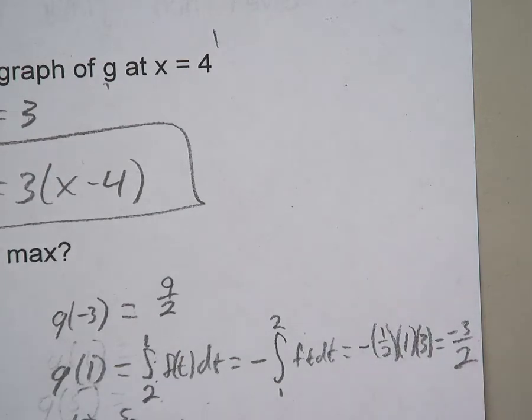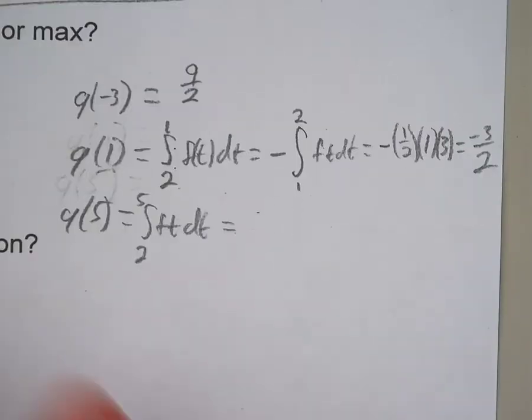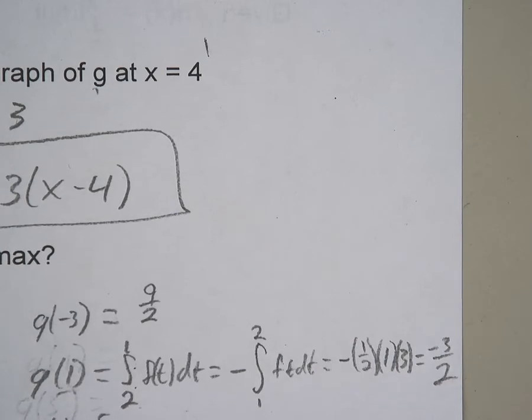We already found, what have I already found? I've already found 2 to 4. 2 to 4 was 9, and then we can integrate from 4 to 5 as a... No, here. I'm not going to do that. I'm just gonna do it. Okay, the integral from 2 to 5.